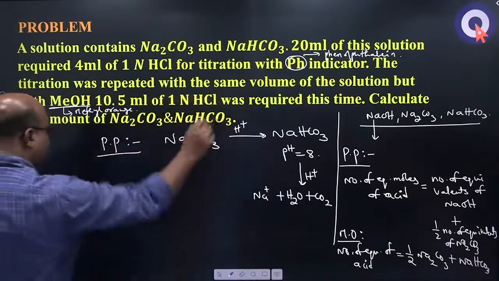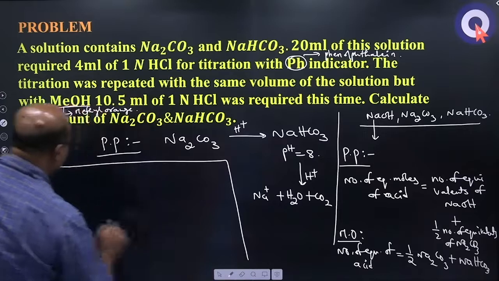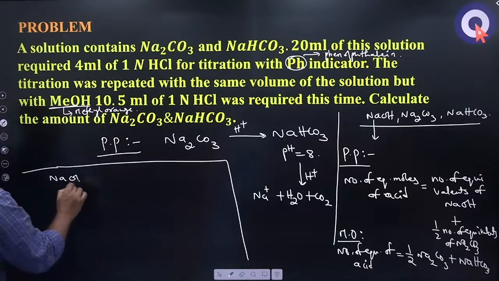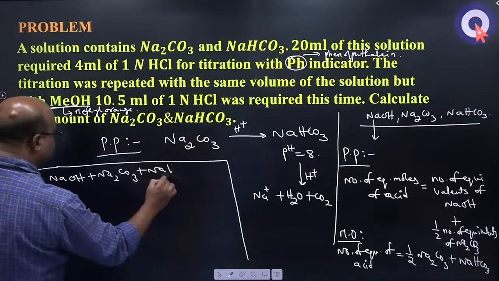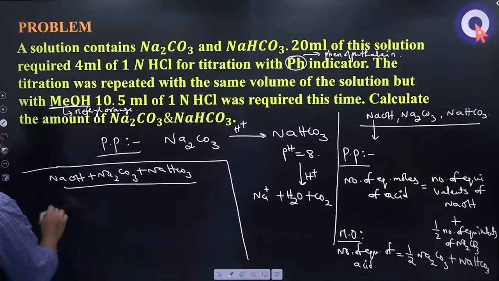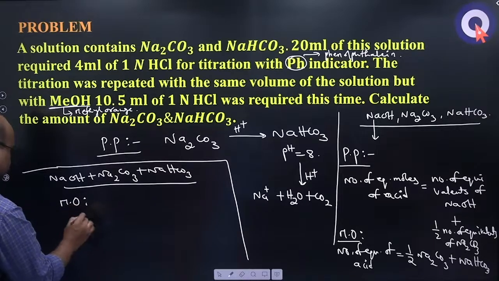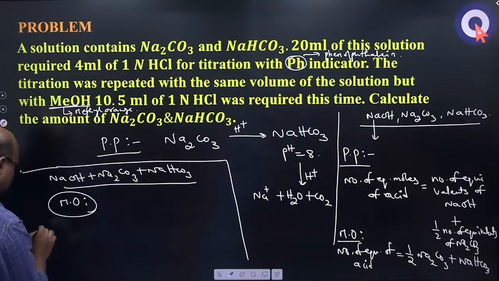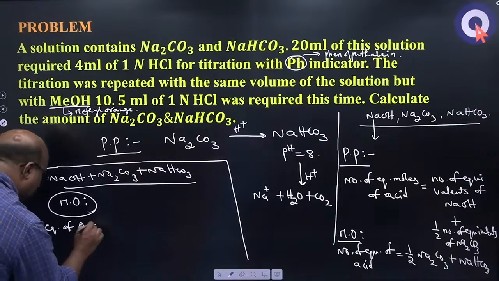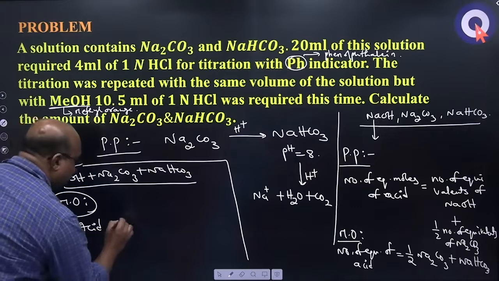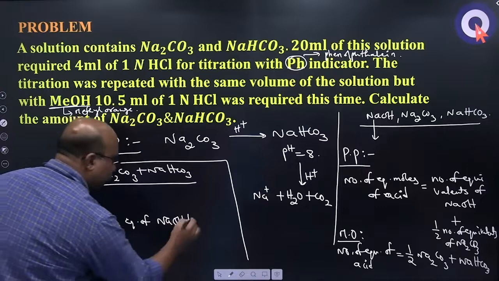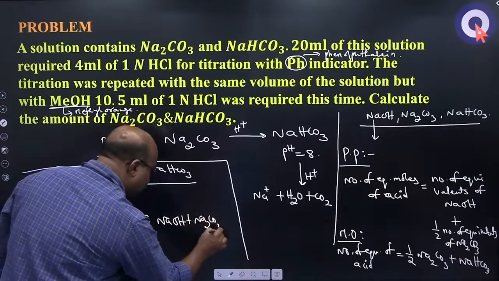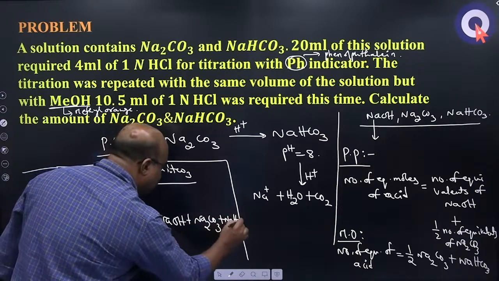But if we add methyl orange directly to that mixture of NaOH plus Na2CO3 plus NaHCO3, then the equivalents of acid should be equal to the equivalents of NaOH, Na2CO3 plus NaHCO3, because all gets consumed.